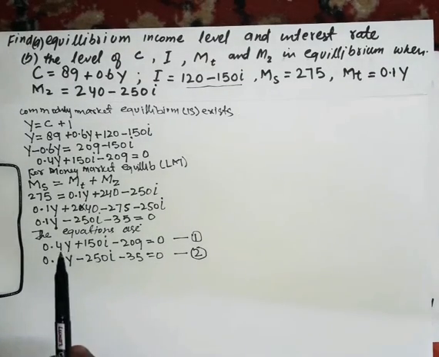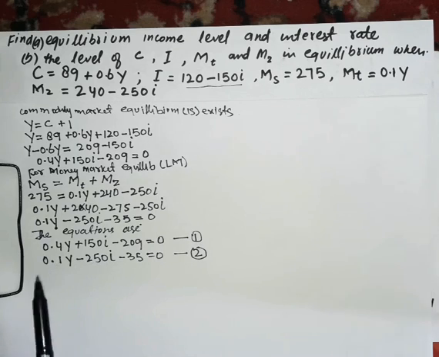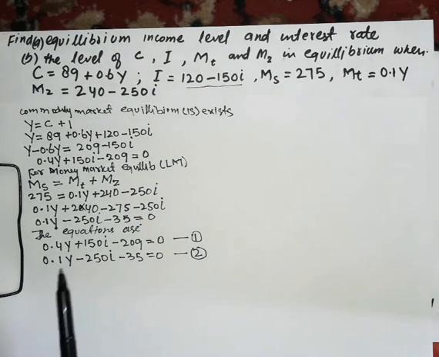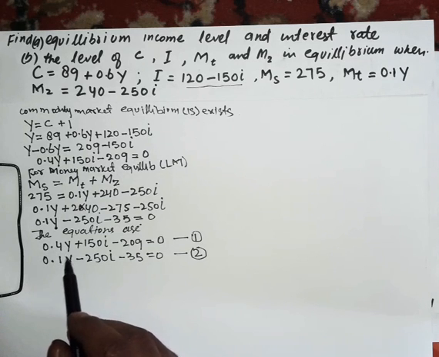Now here there are two variables, so we solve them simultaneously. How will we solve? First of all, we will make the coefficient of any one variable the same. We can make 0.1 Y into 0.4 Y by multiplying by 4.